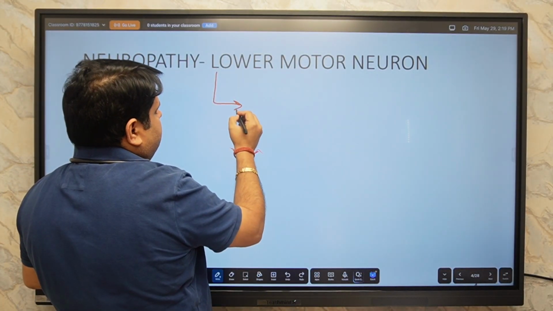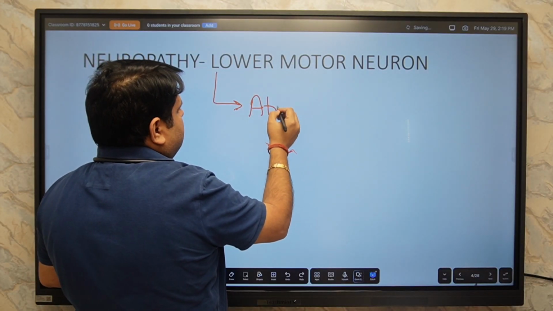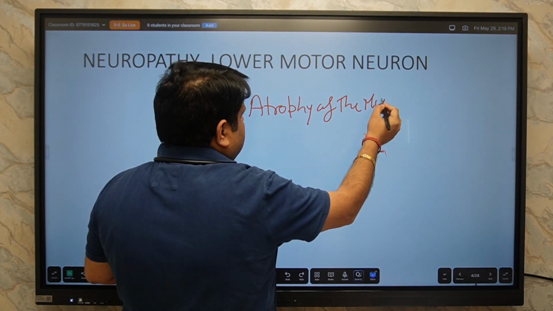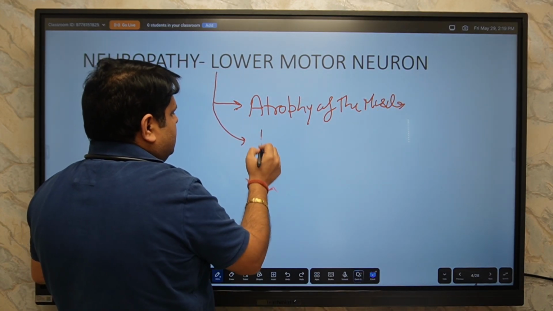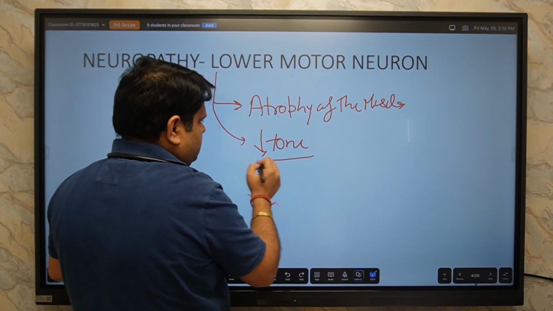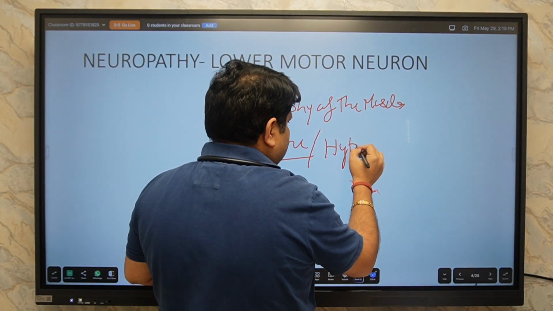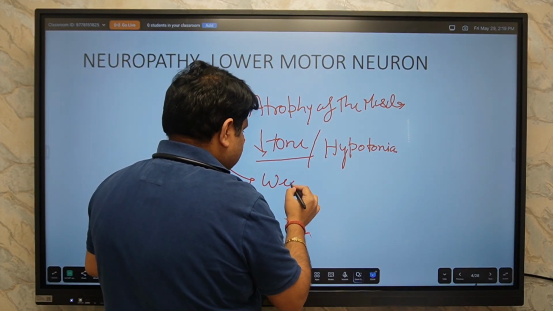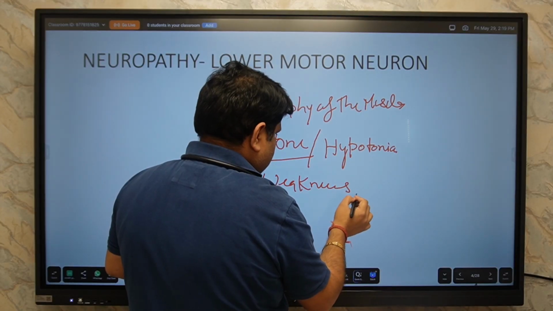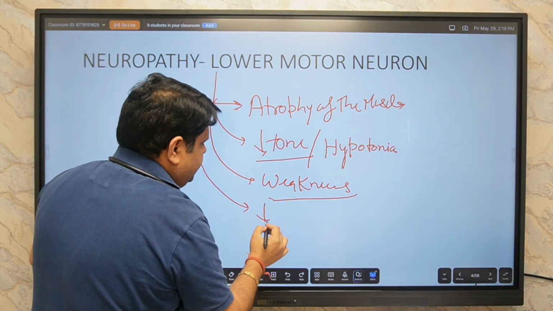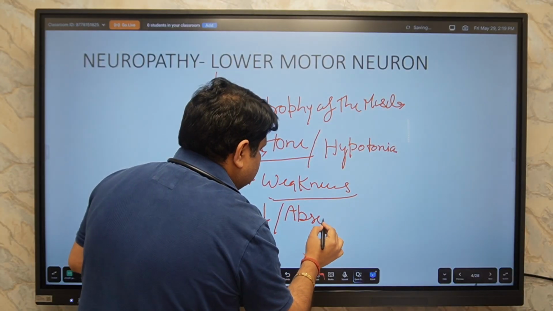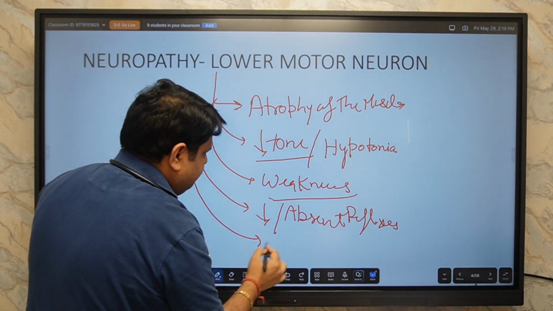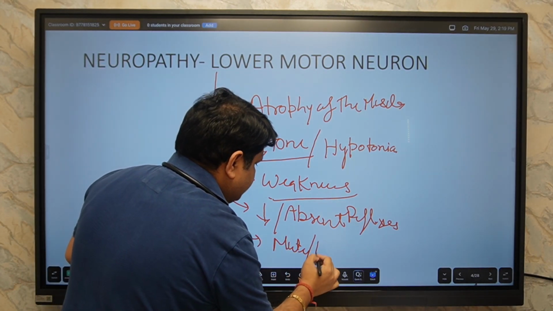So what features do we have? We see atrophy of the muscles, reduced tone or hypotonia, weakness, decreased or absent reflexes, mute or flexor plantar.